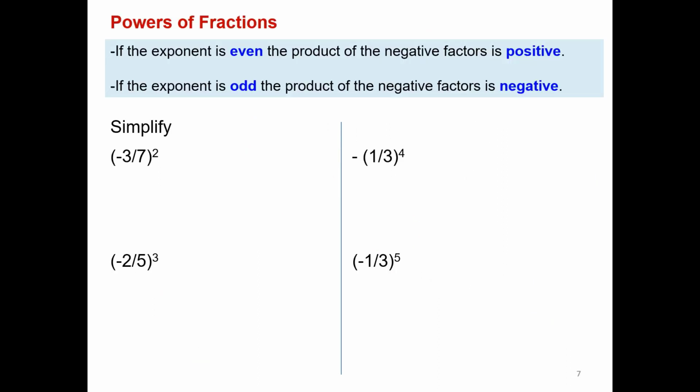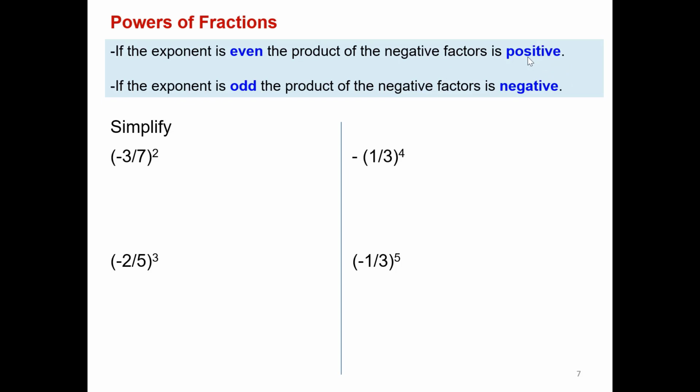Now we want to review some of the properties of the powers that we study when we cover the power of the whole numbers. Just remember, if the exponent is even, the product of the negative factors is positive. It means if the base is negative but the exponent is even, we always expect a positive answer.